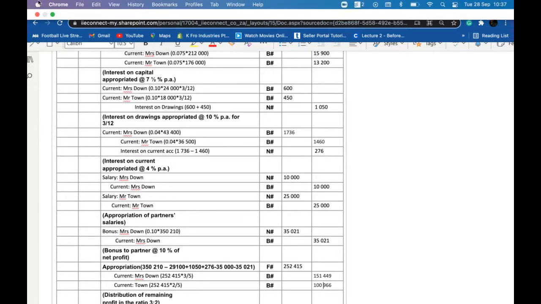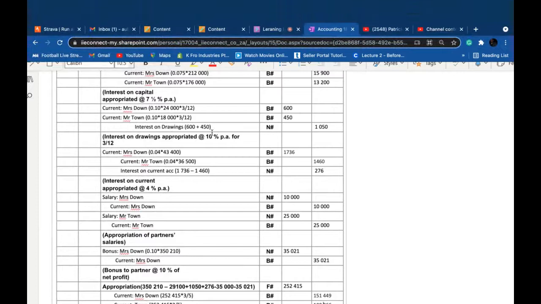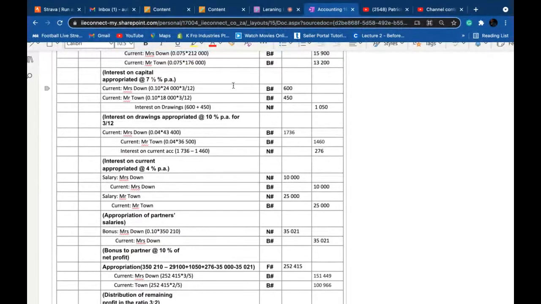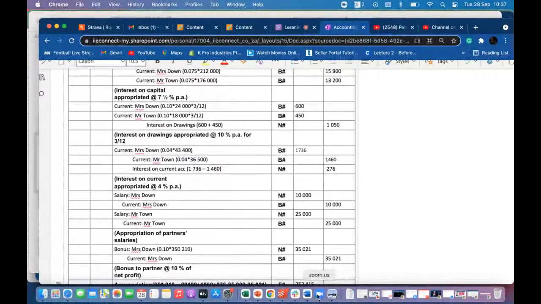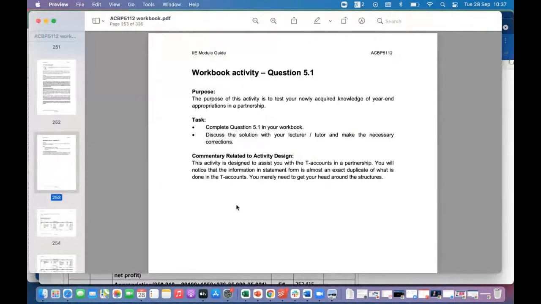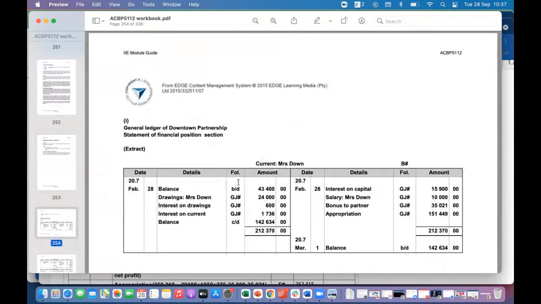Okay. This is now where we go to see, okay, how would these things also be recorded then in the general ledger? Because remember, they asked us to do the general ledger. Okay. And there you can see Mr. Down's current account. Okay. All right.